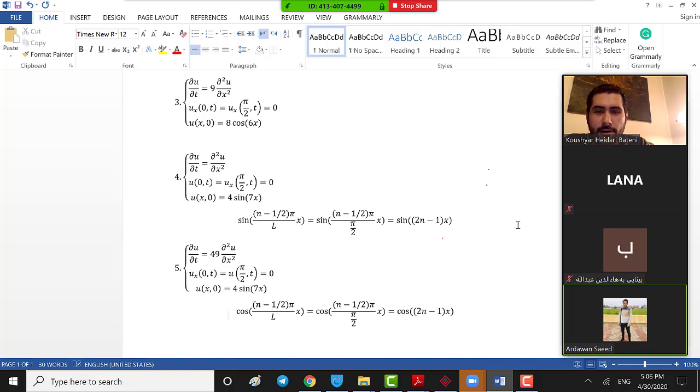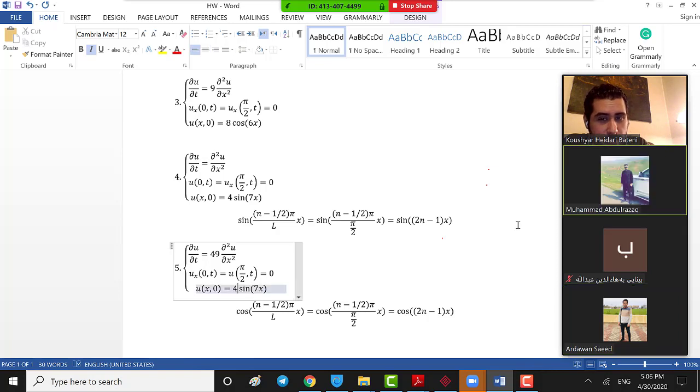So, guys, now our eigenfunction is equal to cosine of (2n minus 1)x, right? Because L is equal to pi over 2. Now, if L was equal to pi, what would happen? Can anybody answer me, Muhammad Abdurazzaq?